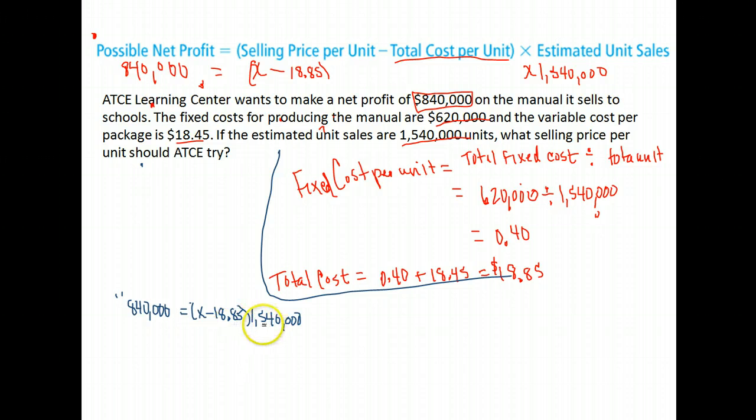We want to solve this for X. So the first thing I'm going to do is divide both sides by 1,540,000 to get rid of that was multiplied there. Because of the parentheses, I can do that, as long as I do it on both sides.